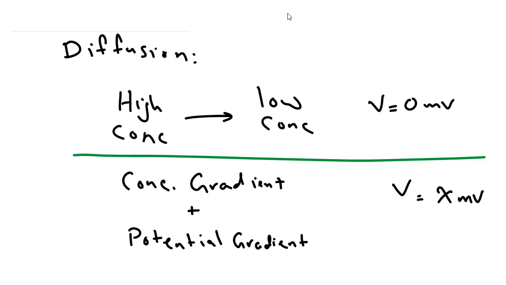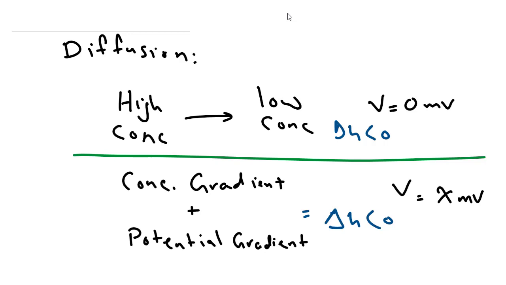Now, what these two things have in common, when you have a potential and when you don't have a potential, is this: the reason why it's called diffusion is because the movement will have a delta G less than zero, right? And this one will have a delta G less than zero, meaning that in both cases, the movement will happen by itself and not need to be coupled to another favorable reaction for it to occur.